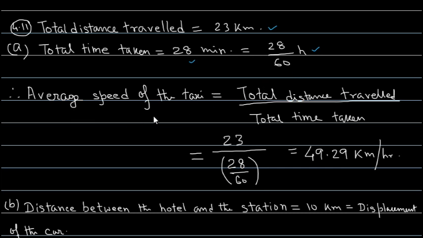So average speed of the taxi is equal to total distance traveled upon total time taken. Total distance traveled is 23, total time taken is 28 upon 60, and the answer is 49.29 km per hour.